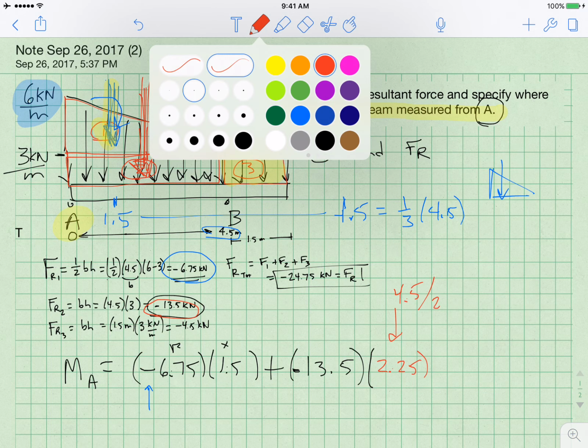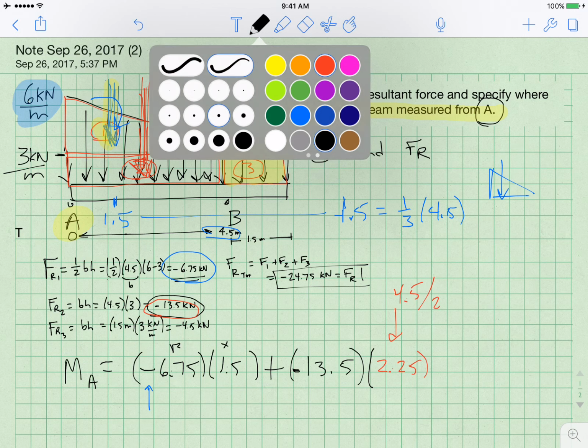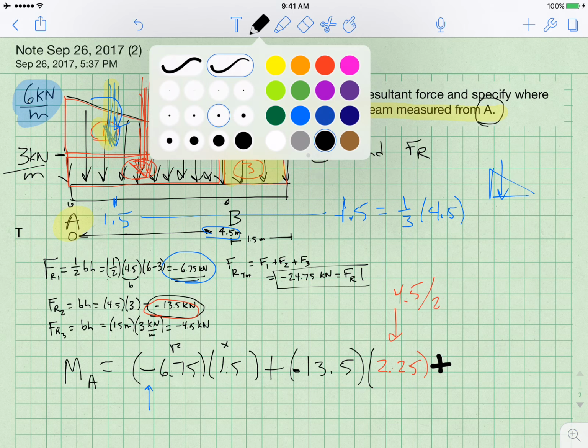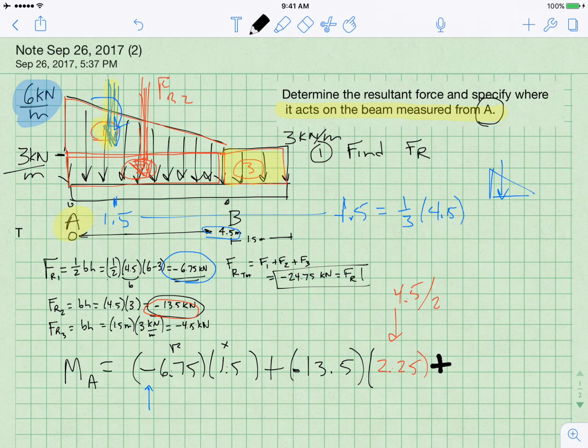All right, and now we have a third element. The last element that we need to think about is the yellow box, the area 3. That third element will be minus 4.5 kilonewtons, and we're going to multiply by its distance.